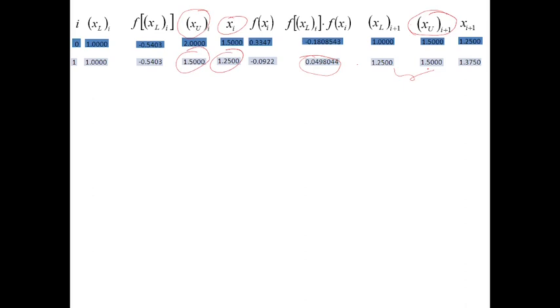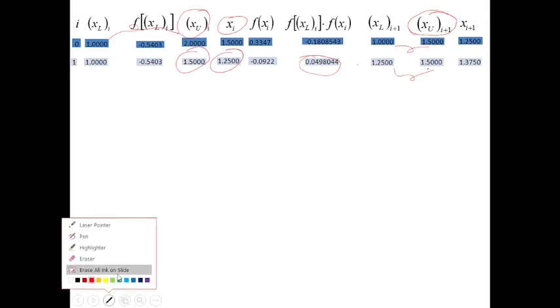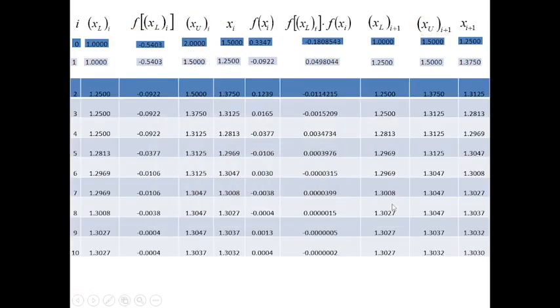Lumiit lalo. Una, between 1 and 2. Tapos, naging between 1 and 1.5. Ngayon, between 1.25 and 1.5. Nandun yung root na hinahanap natin. Okay. So, ganyan ang bisection method. Inati-hati-hati natin hanggang makarating tayo sa sagot.